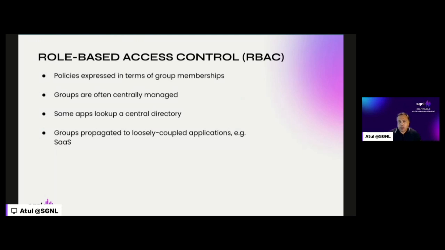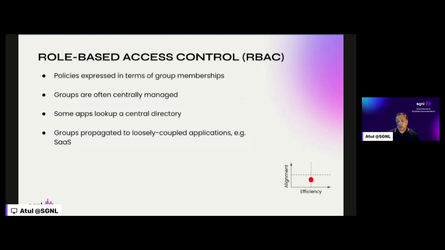And so, if you think about role-based access control, which is a kind of this, where you have managed your administration and information centrally, but the decisions are being made inside of each application. So your English language policies are now getting translated into roles and groups, and then those roles and groups are centrally managed, right? And they may be looked up by the application from a central directory, or they may be propagated to different systems like SaaS using SCIM or other mechanisms, right?